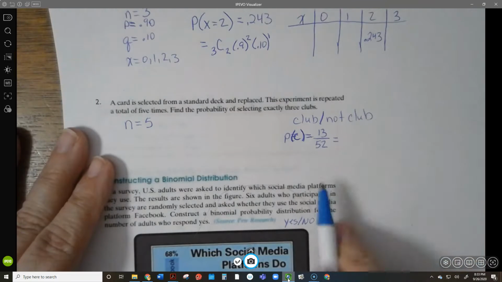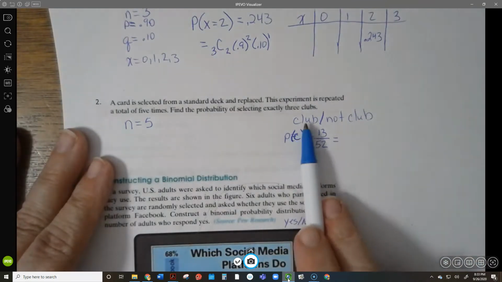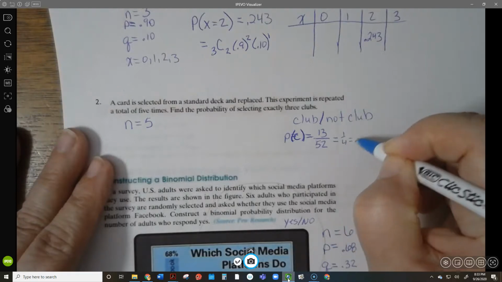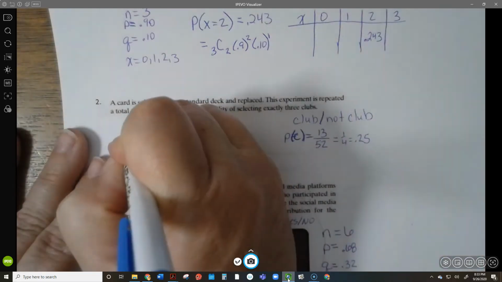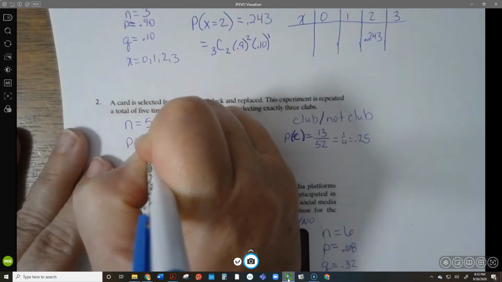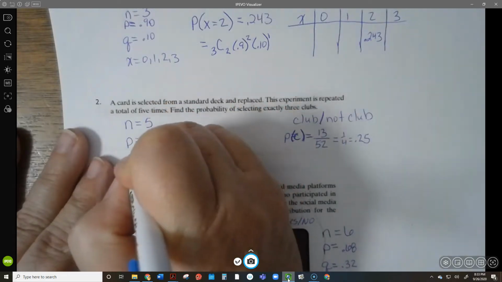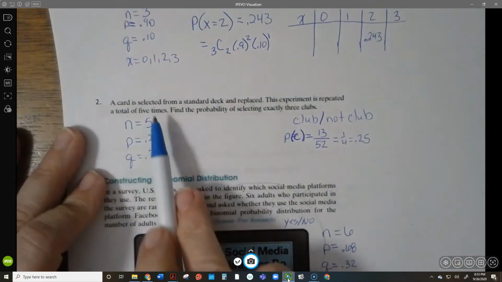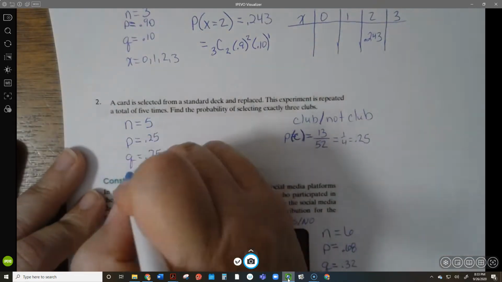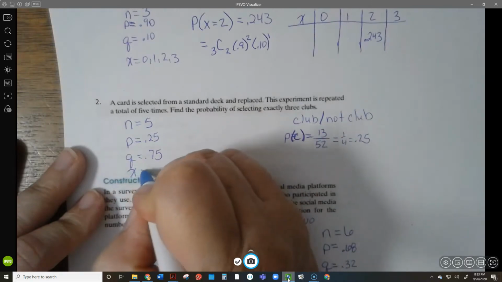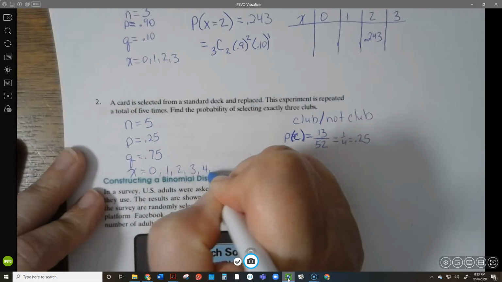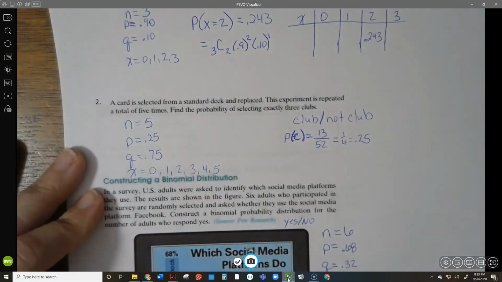That reduces down to 1/4, so that's 0.25. So we have a success rate of 0.25, a failure rate of 0.75, and since we had 5 trials, my X value can be 0, 1, 2, 3, 4, or 5.